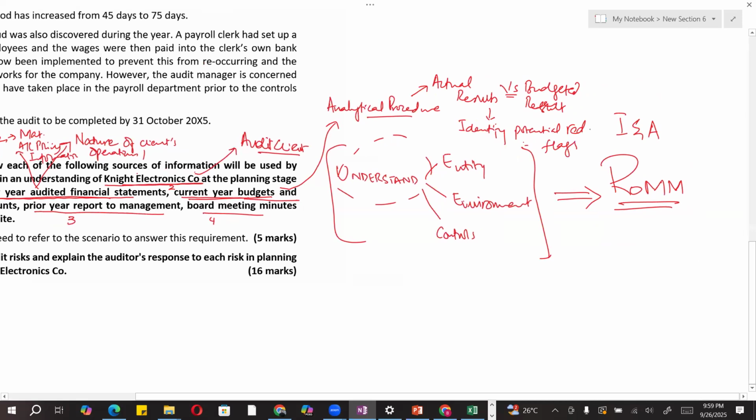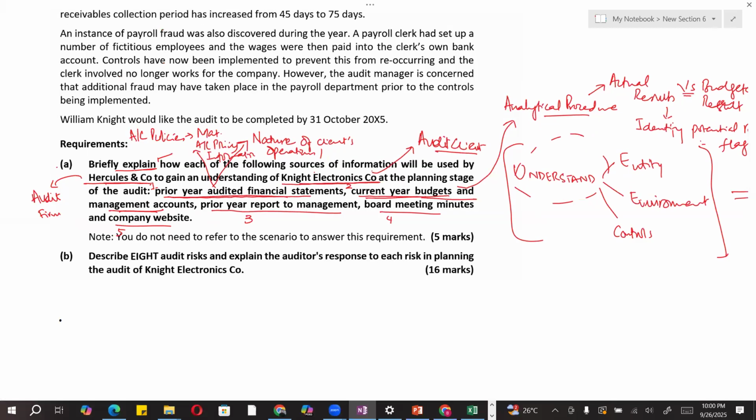You could identify unusual variations in accounts, right? For example, if there is an abnormal increase in revenue, you could spot that there's a potential for revenue overstatement.